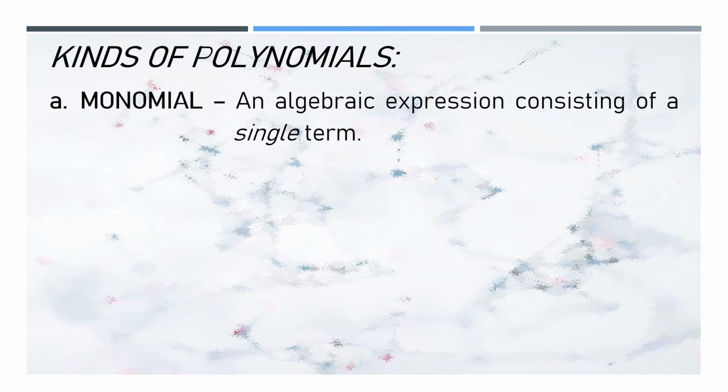First is the monomial. When we say monomial, it is an algebraic expression consisting of a single term. Bakit siya naging single term? Or how do we define if a given term is a kind of monomial? Let us just remember the keyword for the word monomial is mono. Mono means one, like the monocycle.